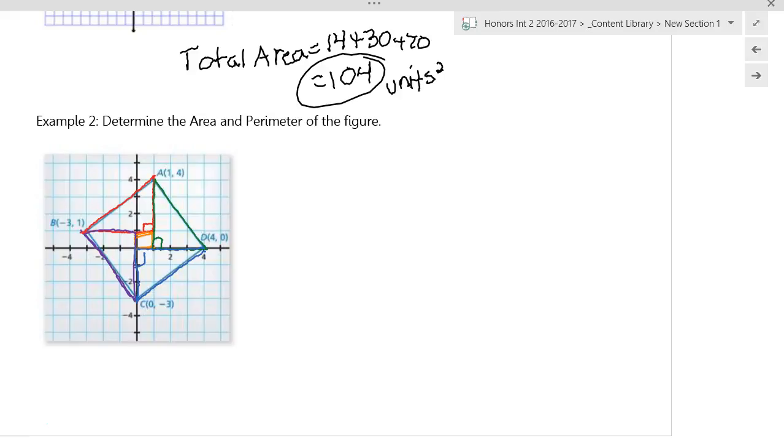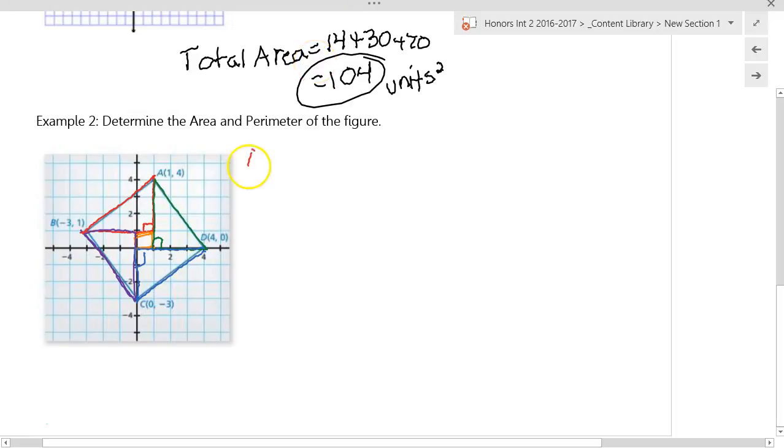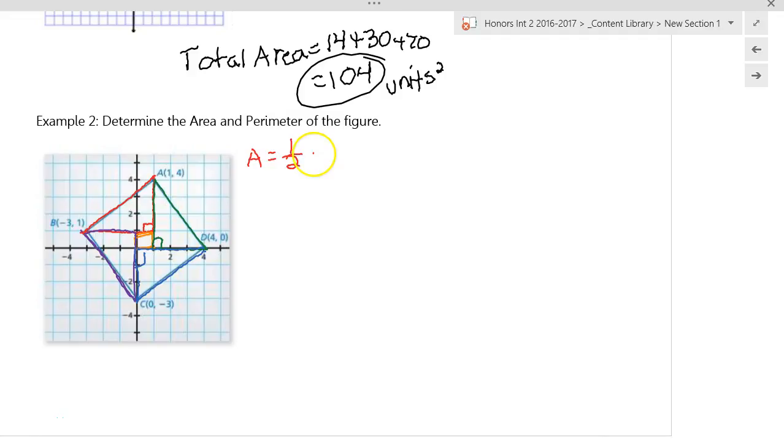So starting with the red triangle, remember the area of a triangle equals 1/2 times base times height. So it's just these two sides. So I have 1, 2, 3, 4, and then 1, 2, 3.